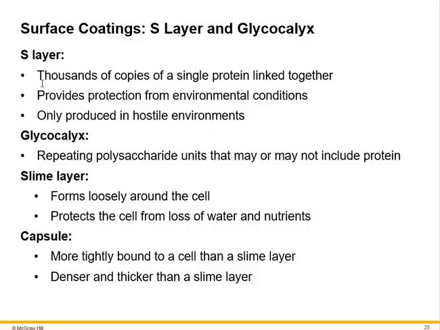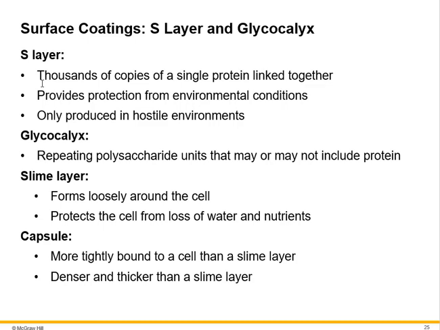So the S layer is thousands of copies of a single protein linked together, and they provide protection from environmental conditions. When it's a hostile environment, the S layer will be produced and it helps the bacteria survive. What I understand is that typically these are produced in bacteria that do not produce an endospore.